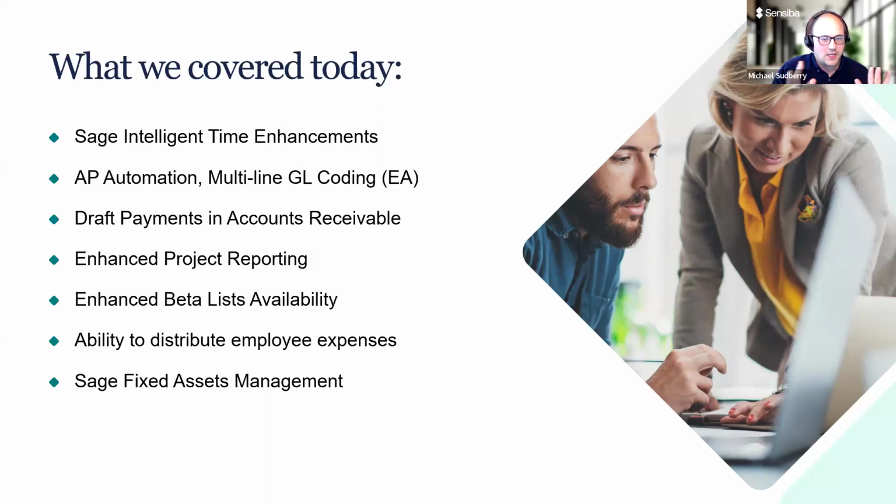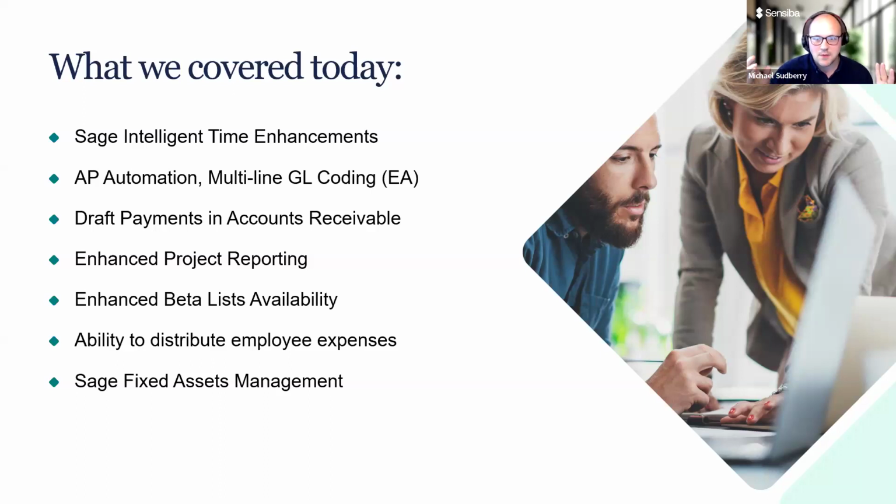So just once again, this is not a full list, but here are some things we covered today: the Sage Intelligent Time, the AP automation with that multi-line coding, just really expanding the AP bill automation, which I think is important. Draft payments and accounts receivable and all the time that can save you. Enhanced project reporting with the availability of running those as individual reports. The beta list, basically going everywhere now.